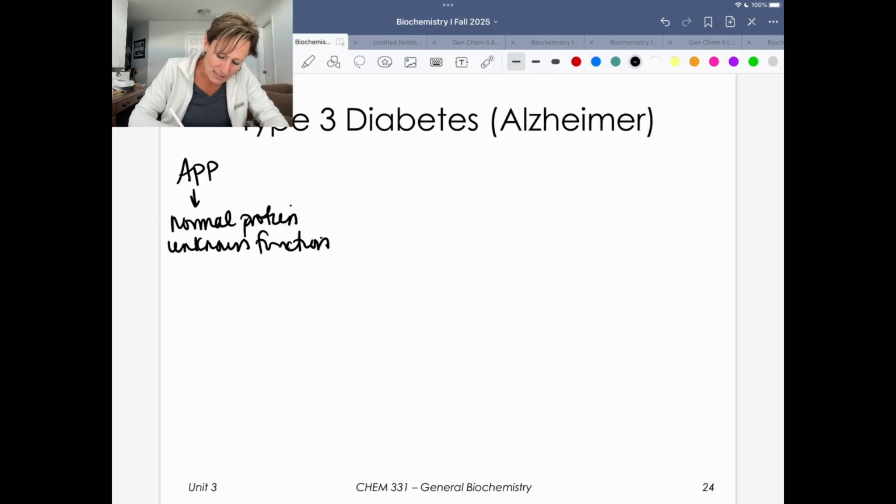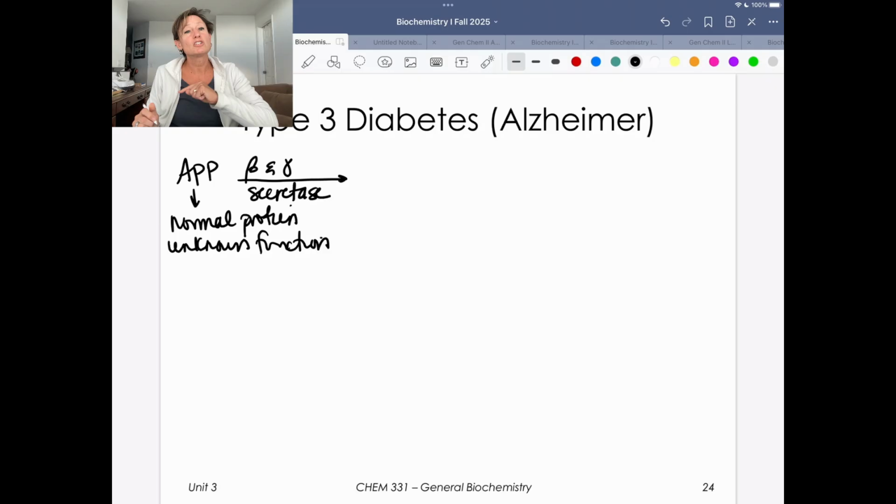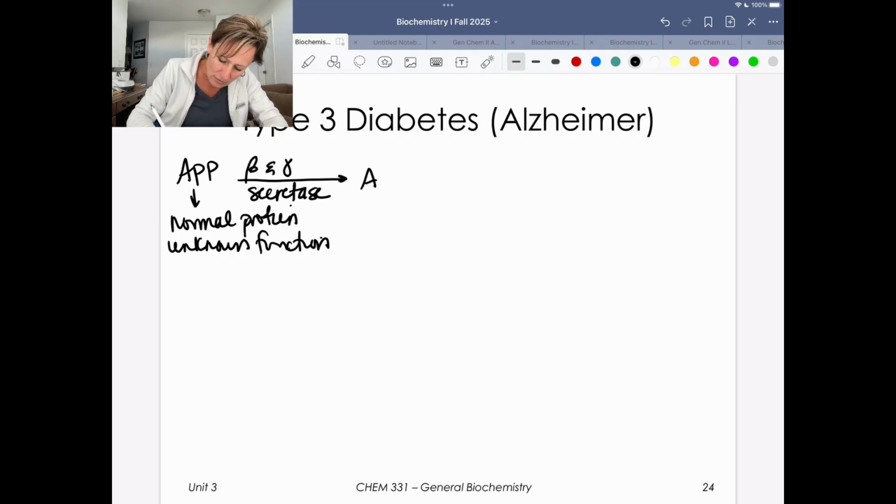And what happens is there are some enzymes in your body called beta and gamma secretases that process this normal protein down into small A beta fragments. So beta and gamma secretase enzymes are going to do their biochemistry on this APP protein, and they're going to generate these A beta soluble proteins.